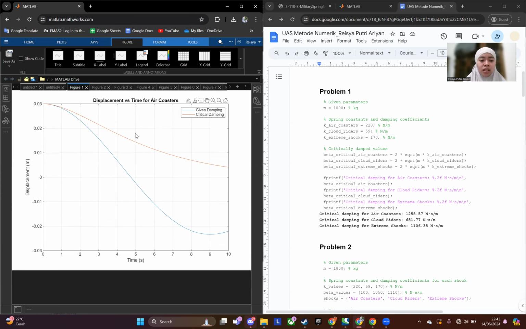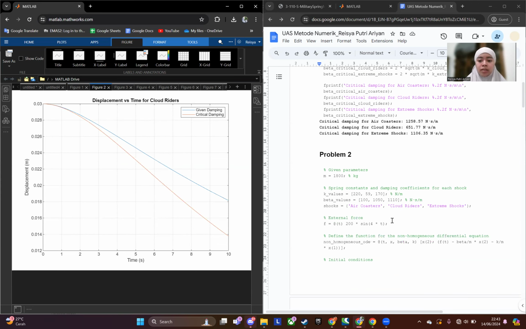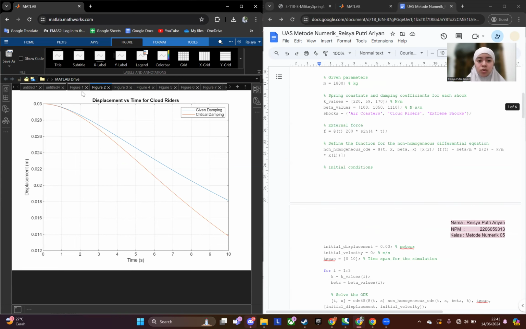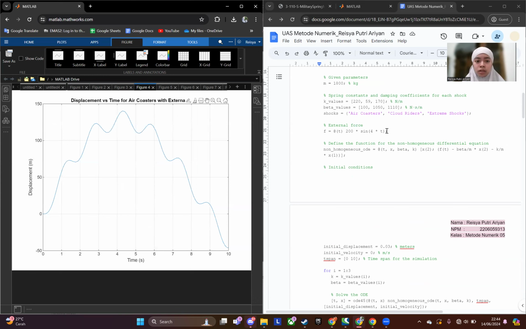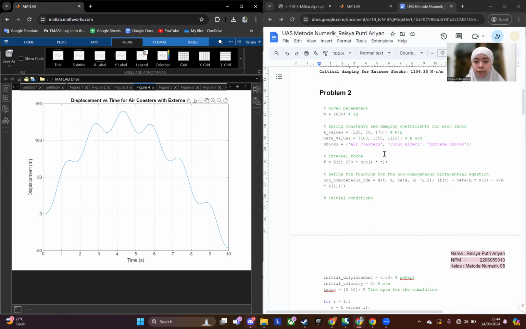We can see the gap of the Air Coaster is much bigger than the others. And the second problem is we have the graph from problem 2.